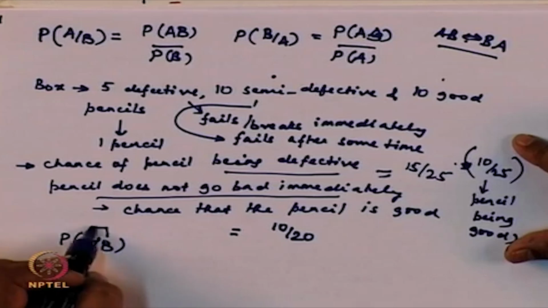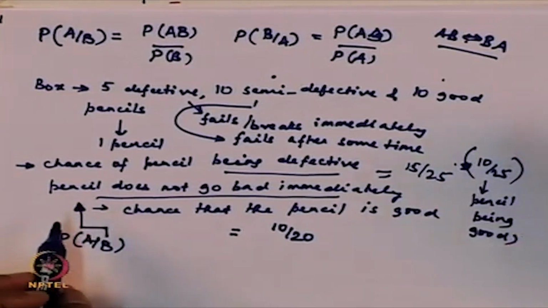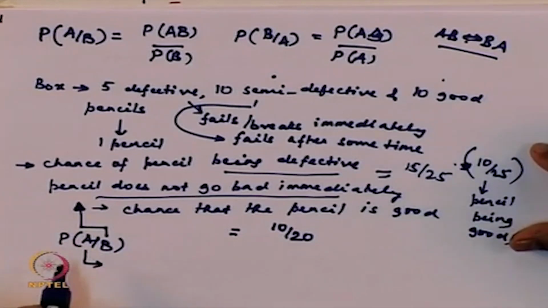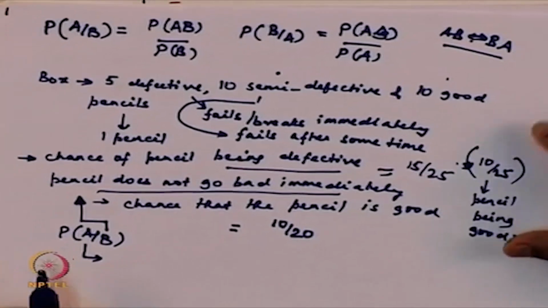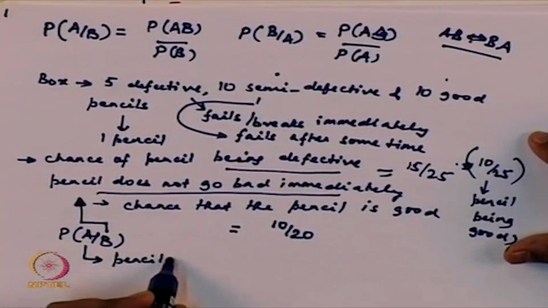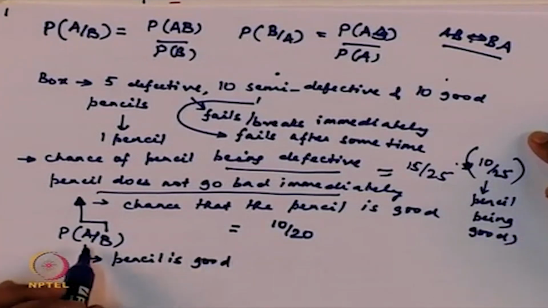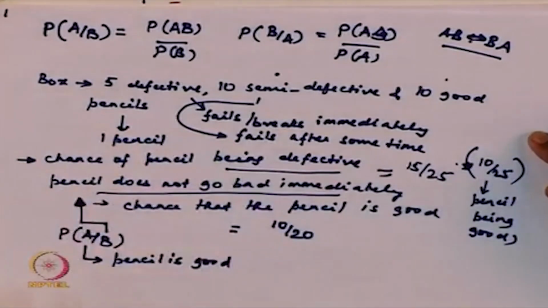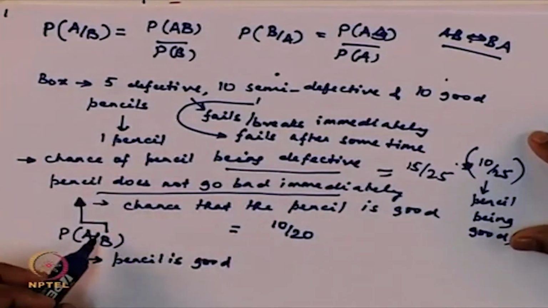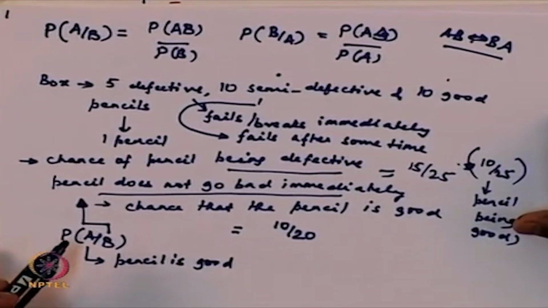Clause B is the event that the pencil does not go bad immediately, and A is the pencil being chosen is good. So, probability of A is 10 by 25, but probability of A given B is probability of AB by probability of B.